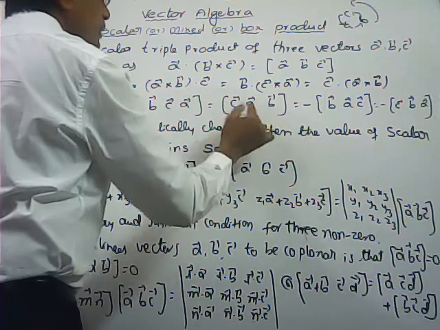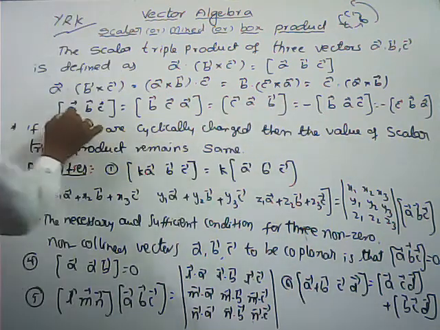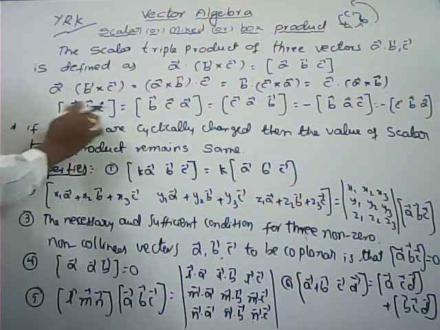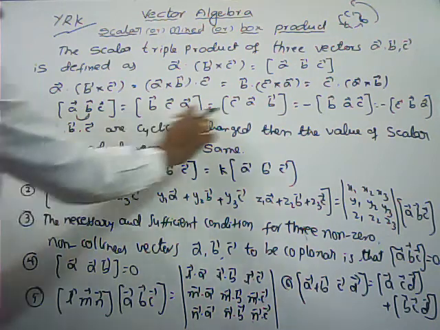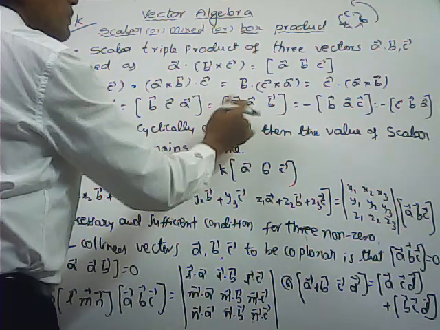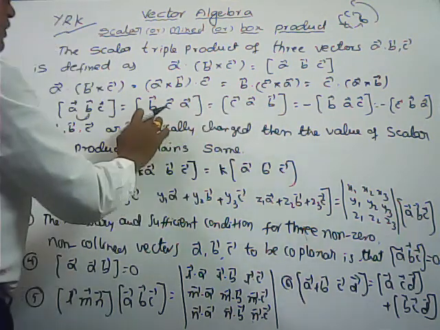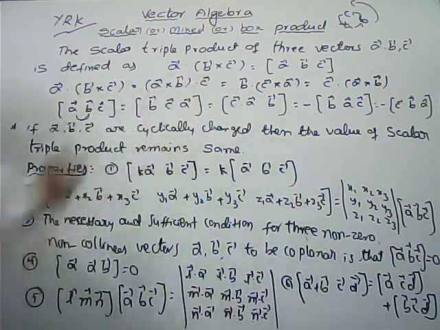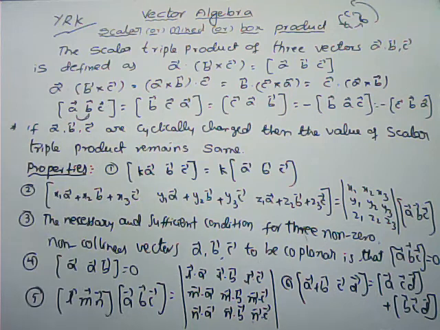CAB, if I interchange these two, we get CBA, which should be multiplied by minus. In determinants also, if any two rows or any two columns are interchanged, it's a sign change.